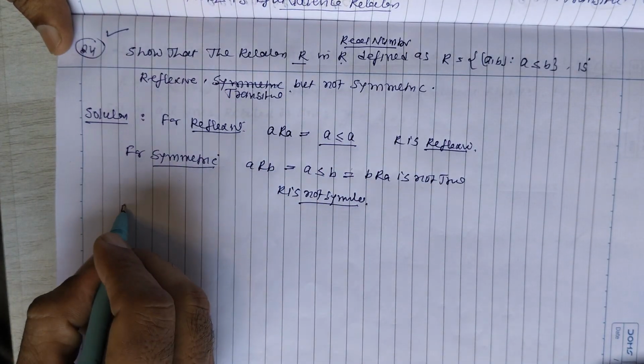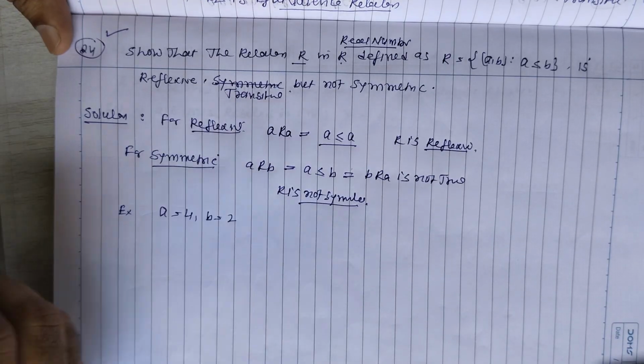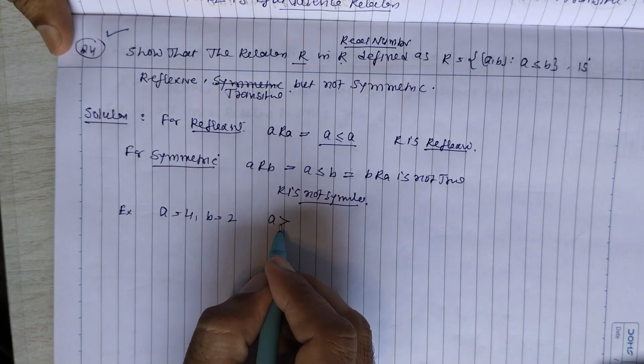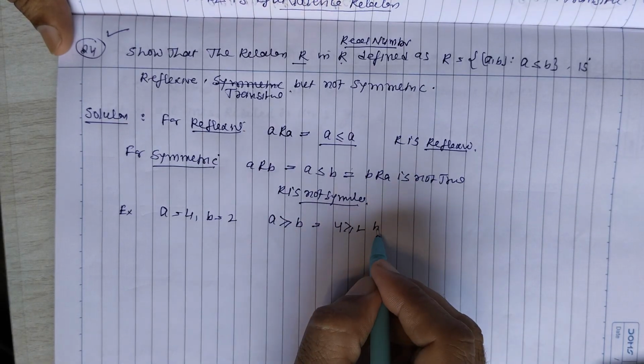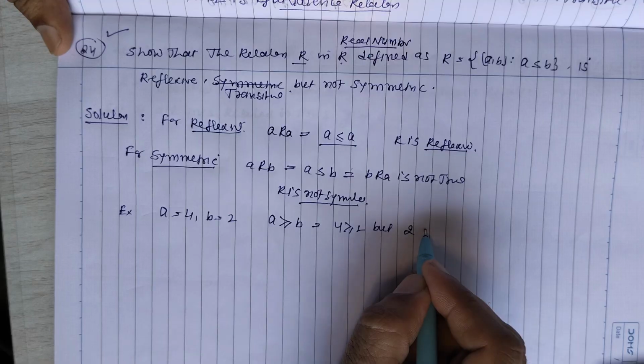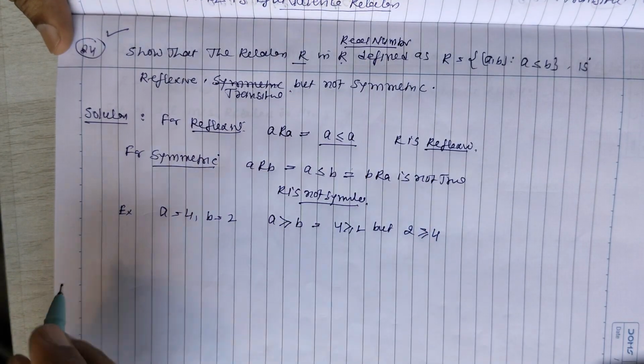Why? For example, if A is equal to 4 and B is equal to 2, then A greater than or equal to B, that is 4 greater than or equal to 2, but 2 is not greater than or equal to 4. False.